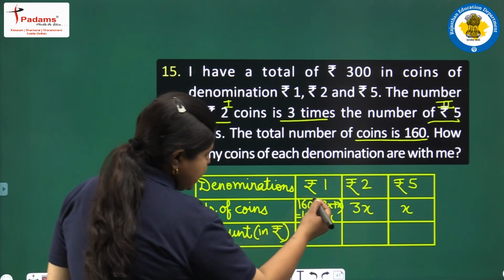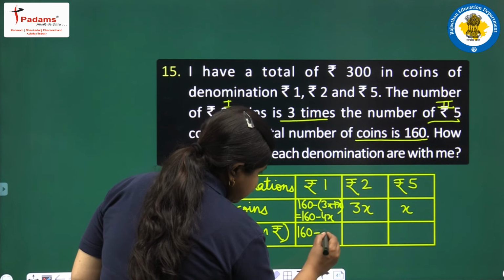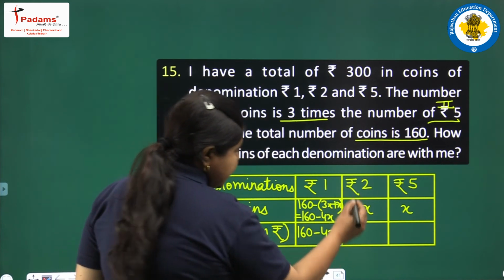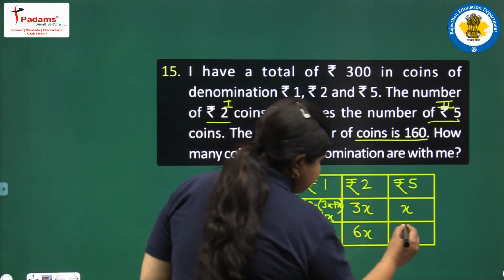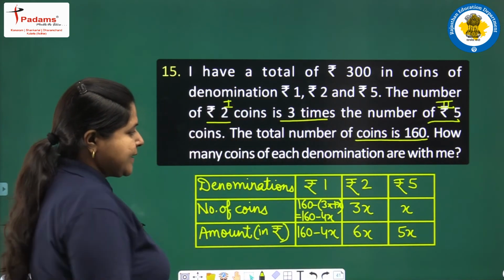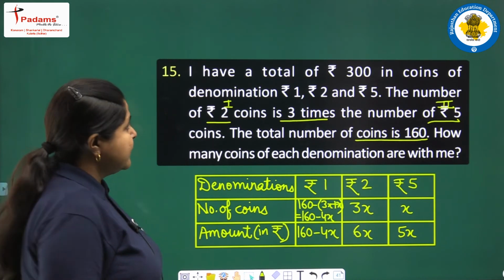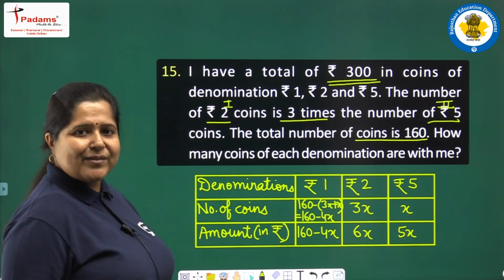This will give us, just multiply by 1, you will be given 160 minus 4x. 3 2s are 6x, multiply the two numbers, and 5x. 160 minus 4x, 6x and 5x. Now the total value has been given to be rupees 300.